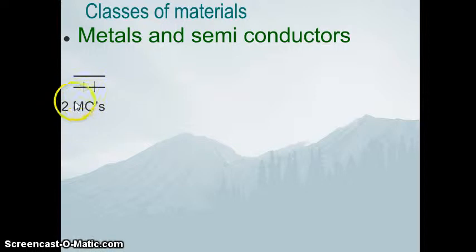So if I have two atoms, I get two molecular orbitals. If I have 8 atoms, so instead of combining 2 atoms together, I combine 8 atoms, like in a metal, a bulk solid, I get 8 molecular orbitals. Now you'll see if atom A and atom B are the same atom, and they each contribute, I'm going to have as many filled molecular orbitals as I have unfilled molecular orbitals.